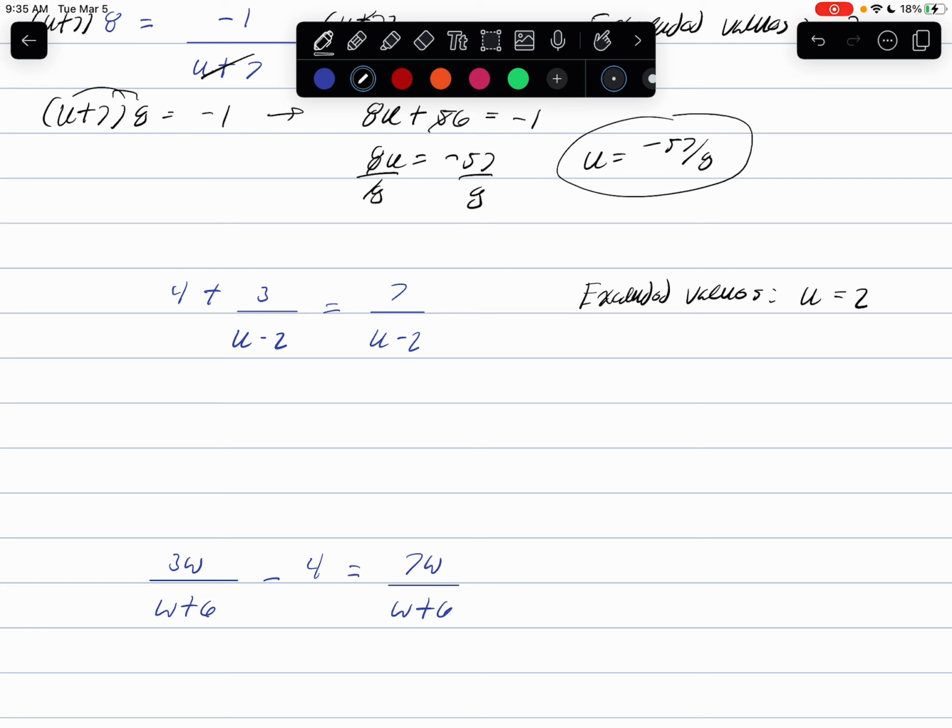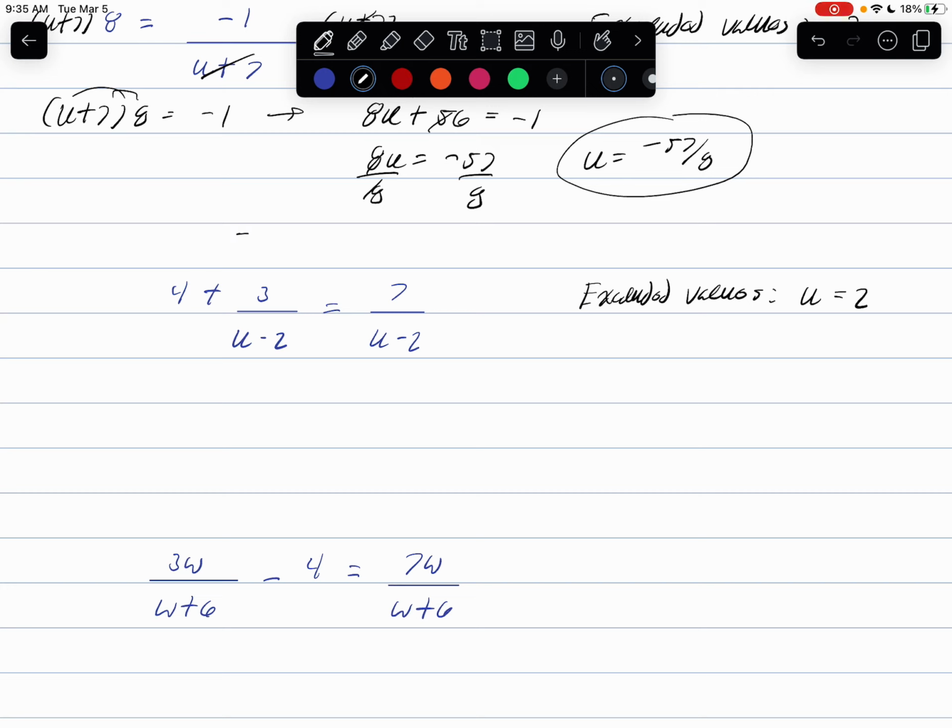So, okay, now let's go ahead and multiply. Well, not quite yet. Let's notice something here. We have 4 plus 3 over u minus 2 equals 7 over u minus 2. So we can actually go ahead and simplify this. Since both 3 over u minus 2 and 7 over u minus 2 have the same denominator, we can combine these into one fraction.